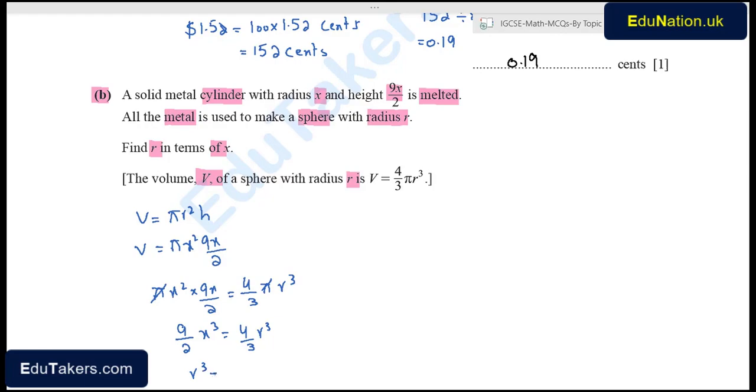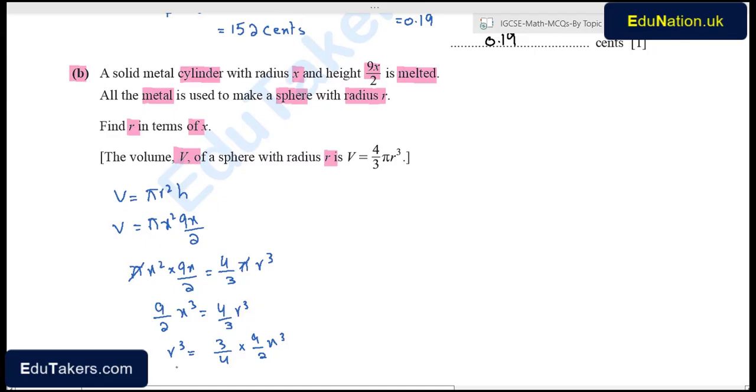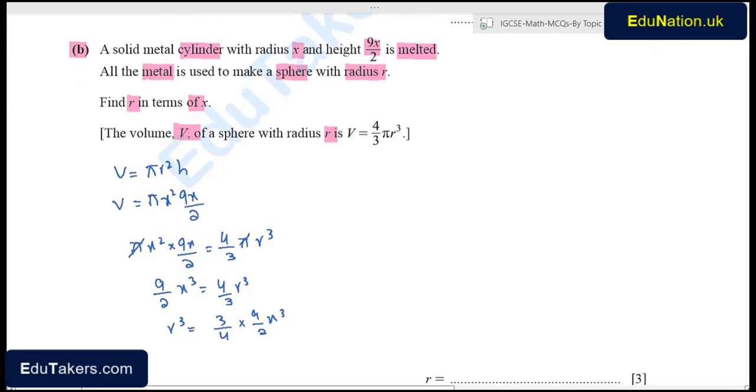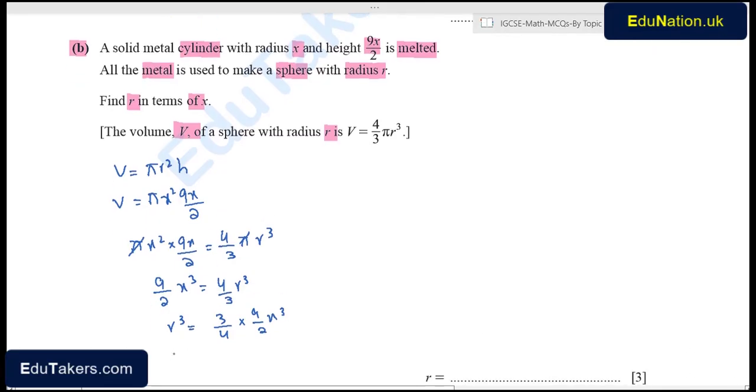Then r cubed is equal to 3 over 4 times 9 over 2 x cubed. Taking the cube root on both sides, r is equal to the cube root of 3 over 4 times 9 over 2 x cubed.